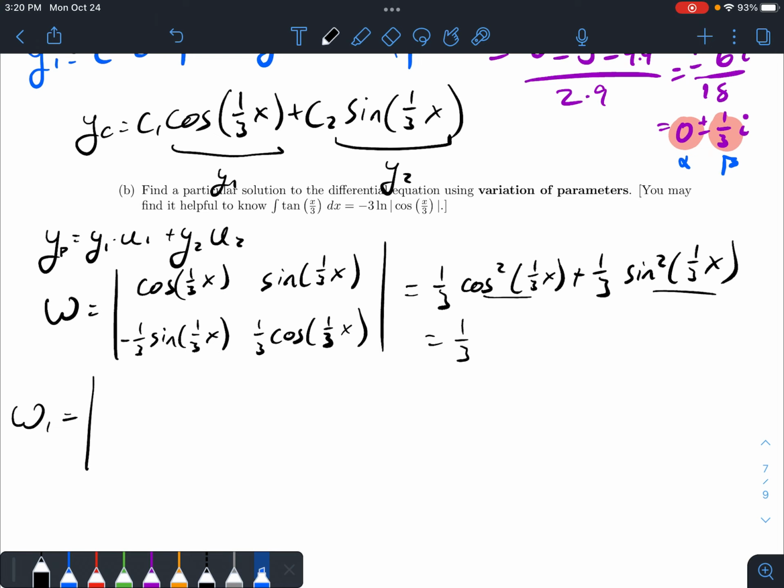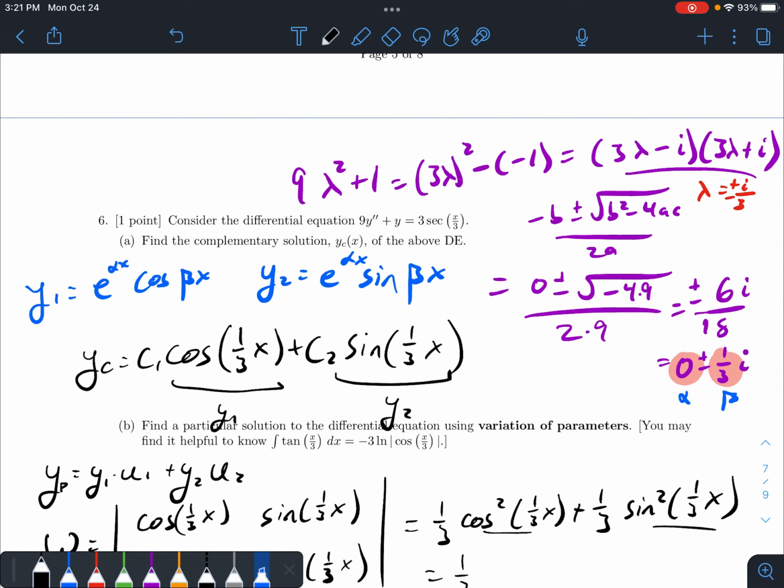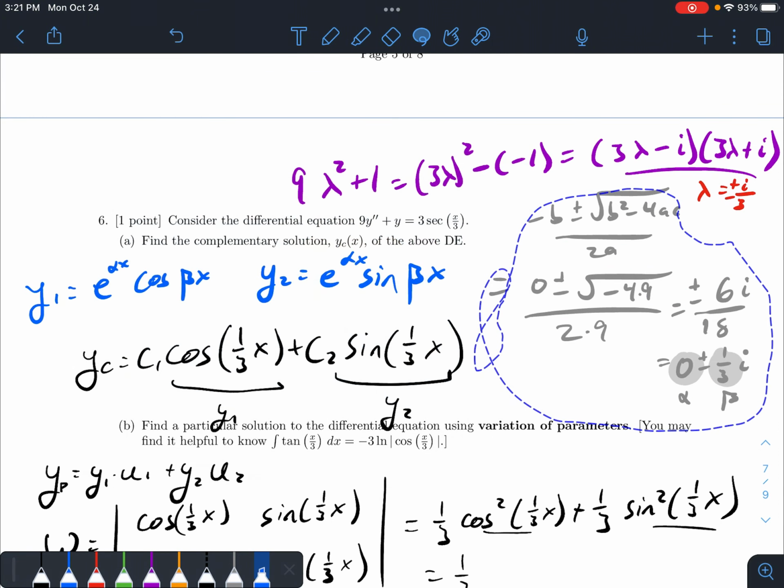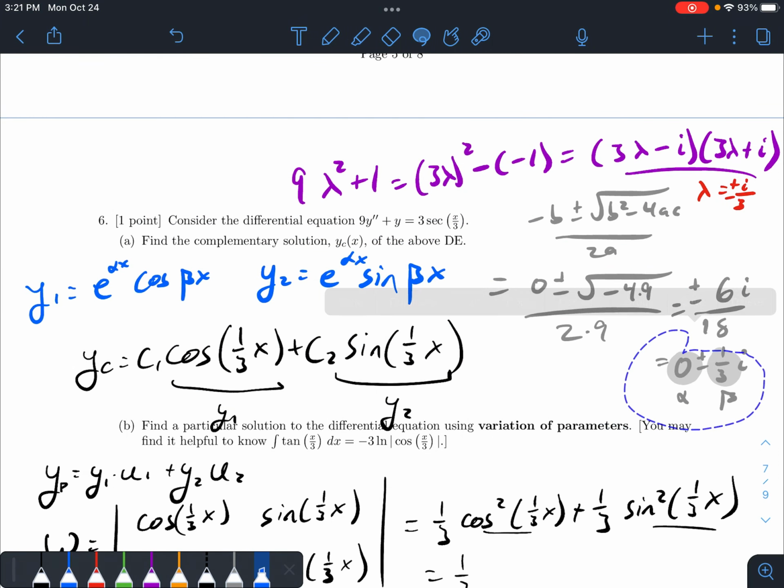All right, W1: I take my first column and replace it with my answer column. So I put a 0 and whatever my f of x is over there, and then I keep my second column the same. Our f of x is 3 secant of x over 3.